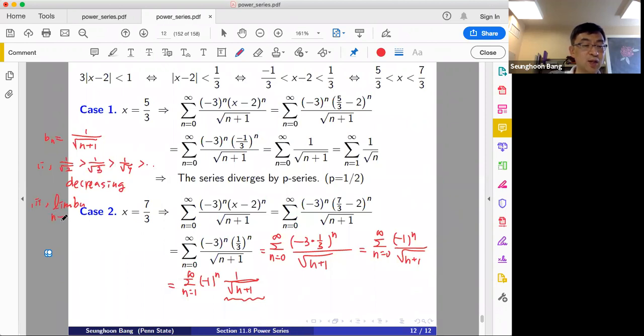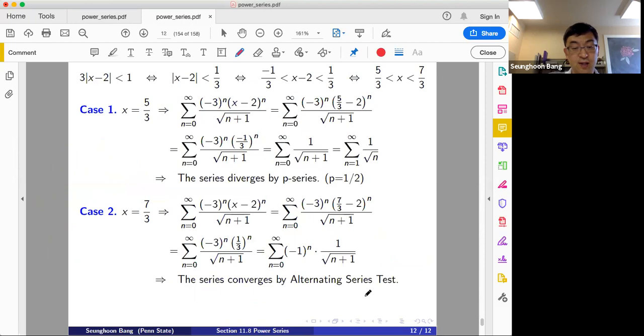As n approaches infinity, 1 over square root of n plus 1 is 0. So what does it mean? The alternating series satisfies both conditions, so it converges by the alternating series test, right?